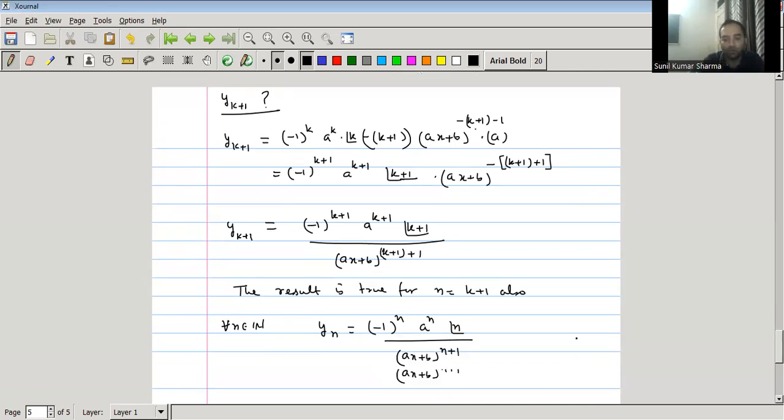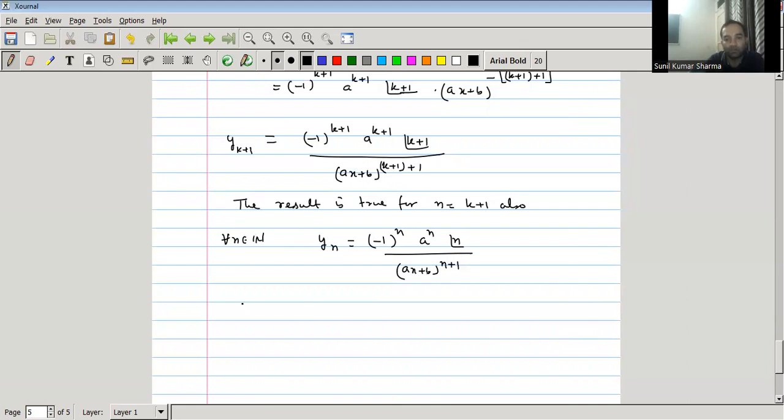So the result holds for, if y equal to 1 upon ax plus b, then yn equal to this. Go through the result, try to solve step by step, and if you face any difficulty, try to create some example. Right?